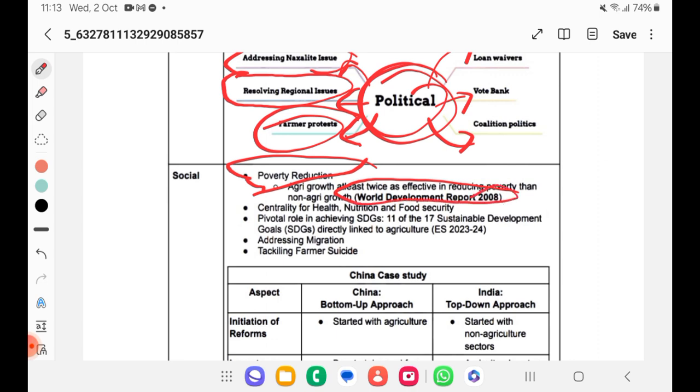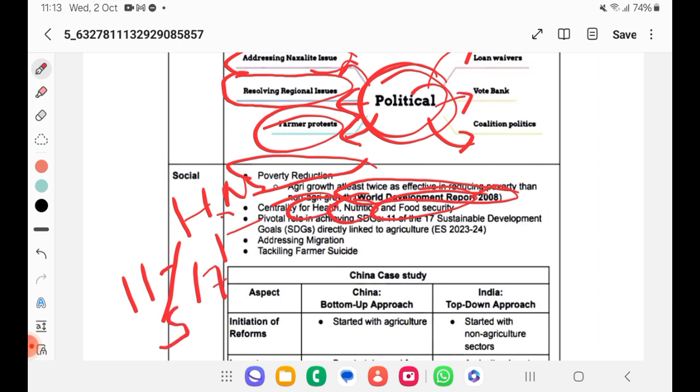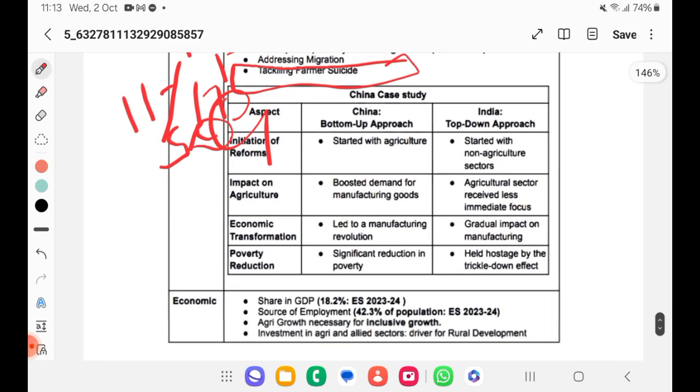And centrally it is focused on health, nutrition and food security, which are parts of 11 of the 17 Sustainable Development Goals. Then we have addressed farmer suicide also, if we are able to address agriculture. And then we will be able to address migration as well.